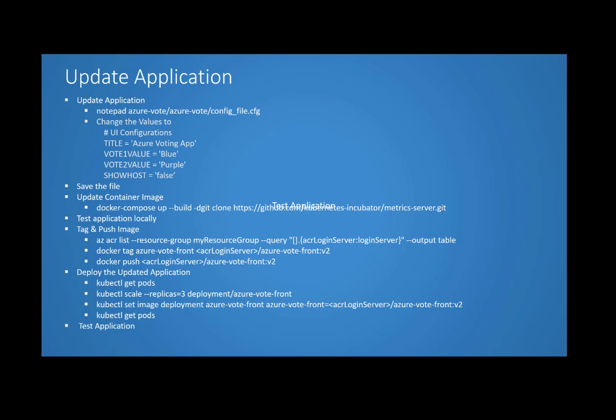Remember, we have already run these commands before. Then we will test the application locally on the workstation or laptop, the Windows 10 desktop. Once we have successfully seen that the application has been updated locally, we're going to tag it and push it. We have already done that in our earlier section. Then we will deploy the application into AKS and test it in AKS. All these commands are already here, so let's just get into it.